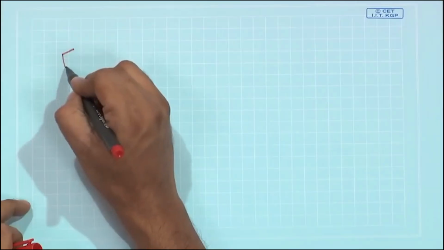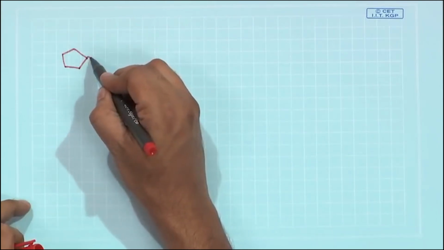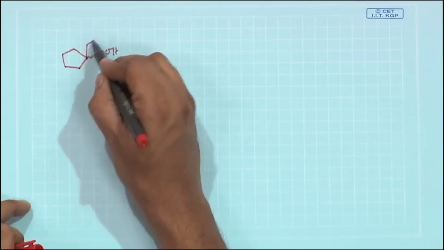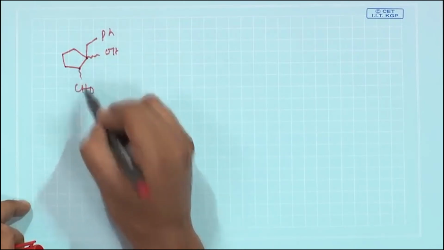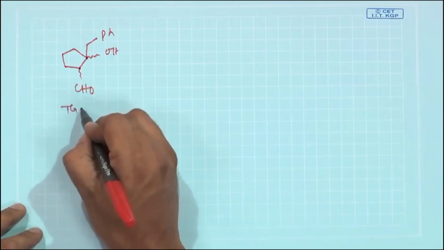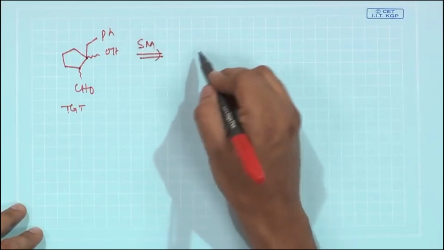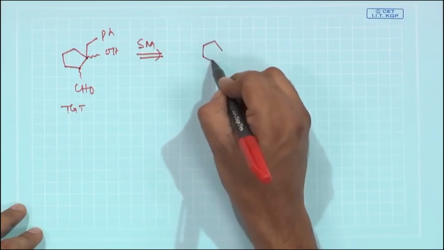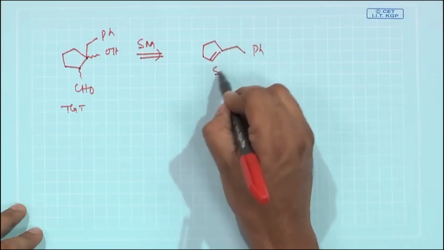So, the next problem deals with a compound whose structure is something like this. A target molecule was given to you, having a structure like this. The starting material was also given to you, and it has this structure.